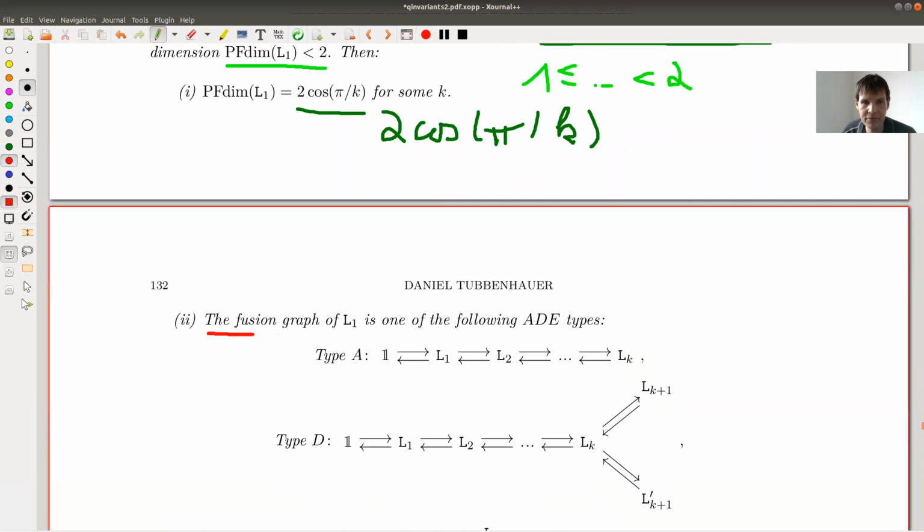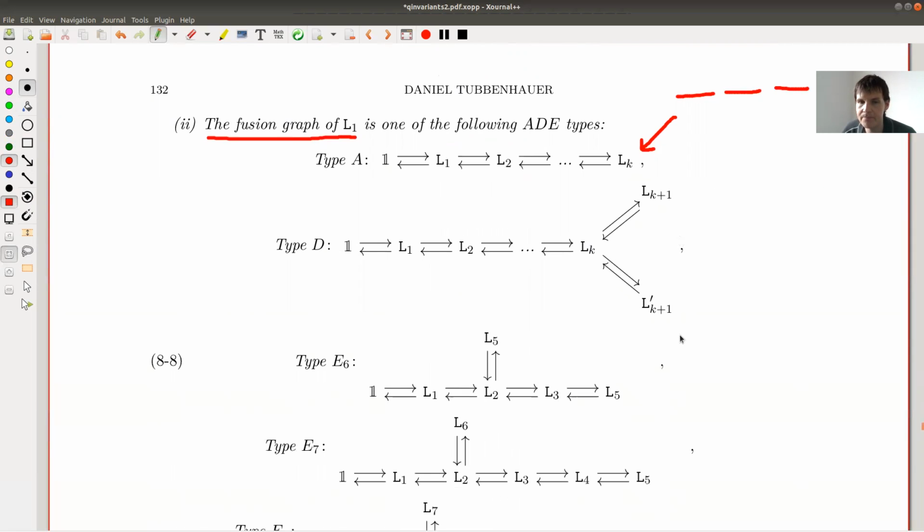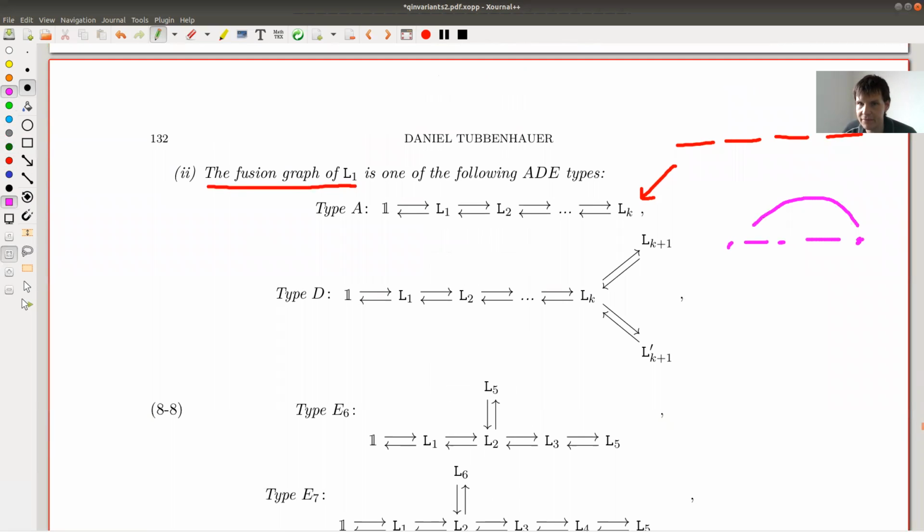The fusion graph of those things, so it's not just that you can write down the PF dimensions easily, but the fusion graph is what we have seen before. It's this line graph. And there's a symmetry on the line graph. If you think about it a little bit, you can take this symmetry of the line graph and fold the graph, and you get this graph.